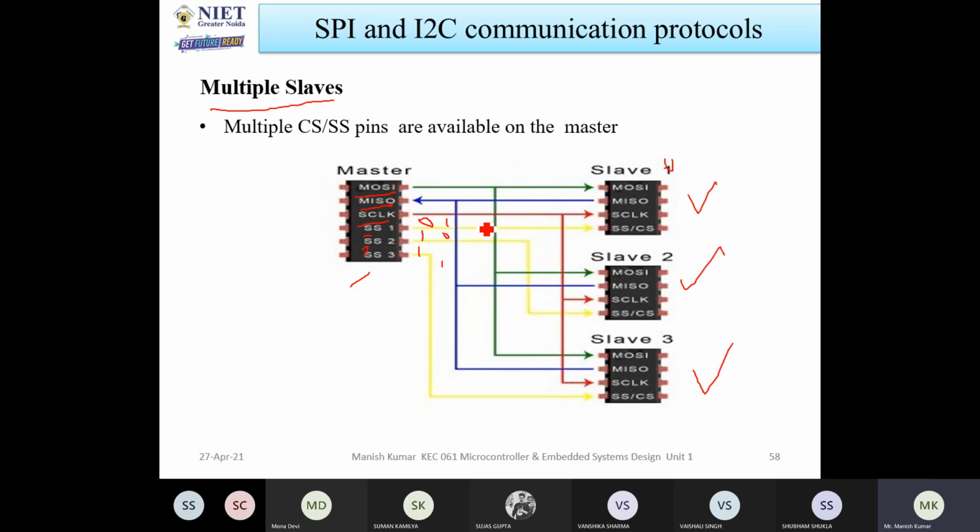If you want to use slave 3, you provide 1, 1, and 0. In this way you can interface with multiple slaves using a single master. Remember that only one master is available.